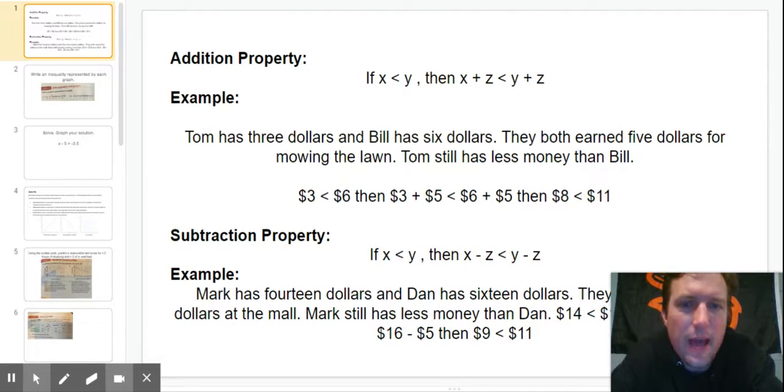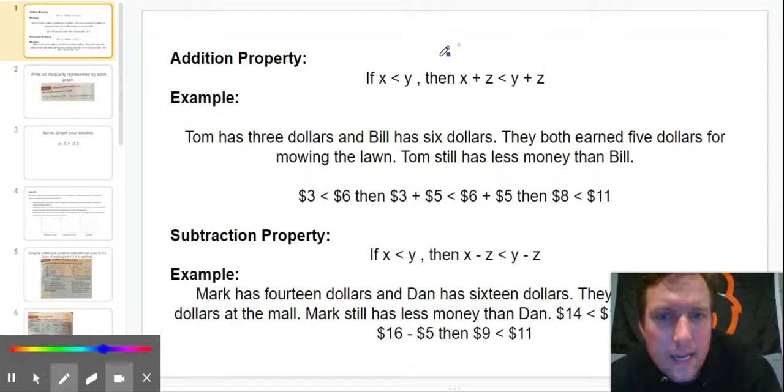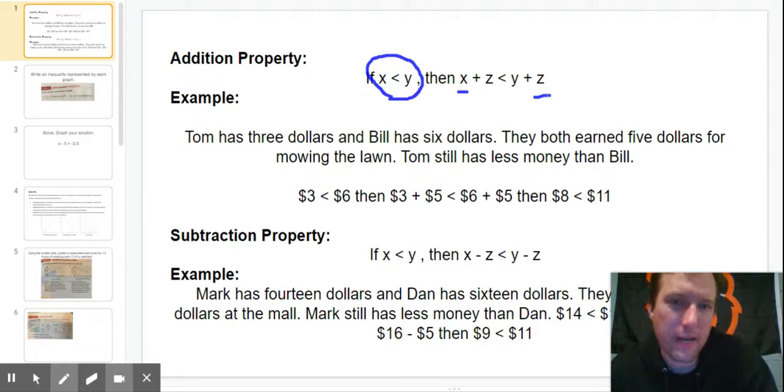It says if x is less than y, right up here, then x plus z is less than y plus z. Now, all this is saying is that if this x less than y statement is true, and we're adding the same value onto either side of our inequality, then this statement is still going to be true.